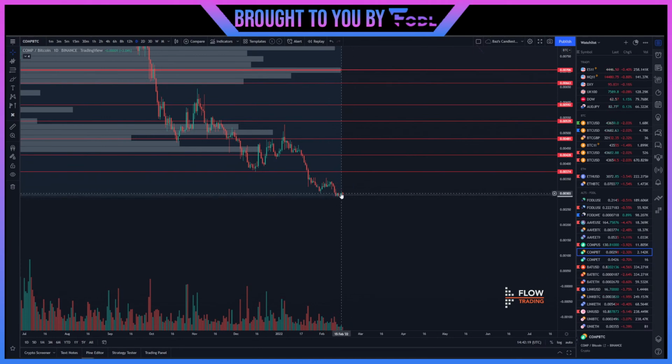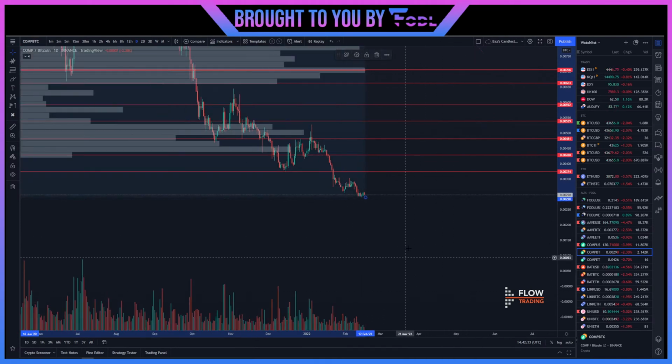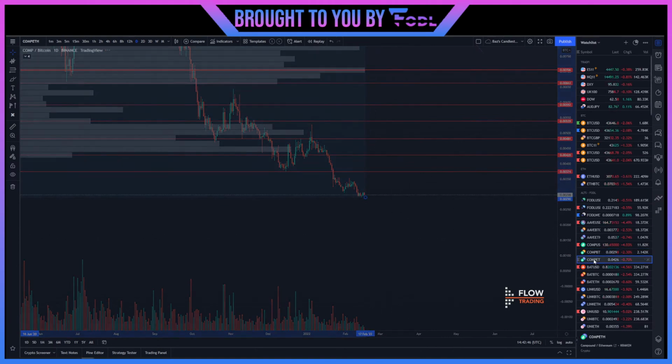That's a big round number. If we lose this one, I'd be looking at 250 and then 200, 150 and 100 sats and so on. So there's no change in the market. I do believe that Compound will carry on getting battered by the majors. There's no sign of recovery here, not even any will to go and test these levels of resistance. Of course, I could be wrong, but at the moment, my inclination is to say that it's continuation, and this just goes to the downside.